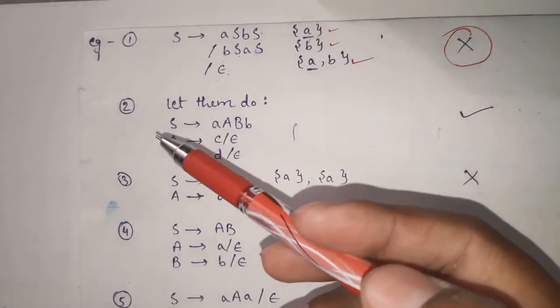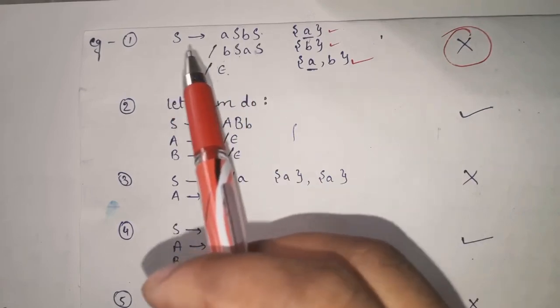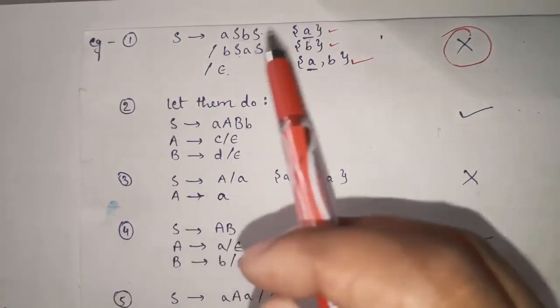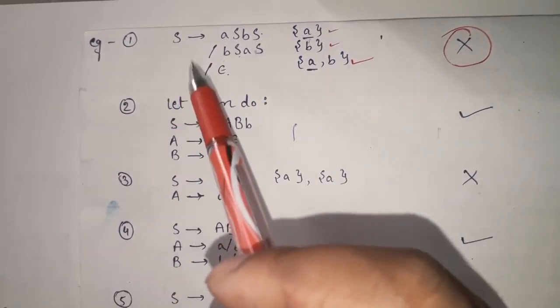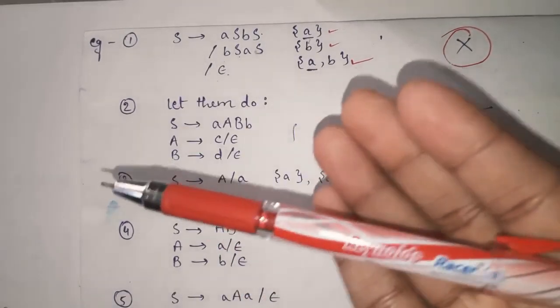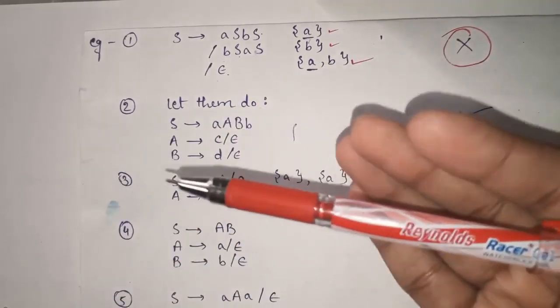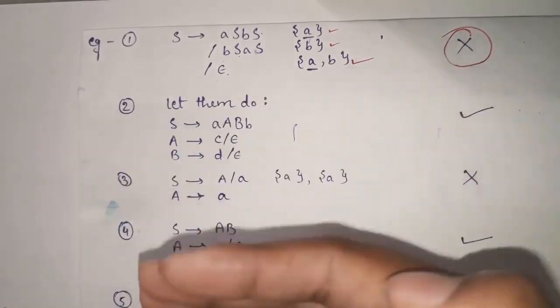Let's see the second. What we have done is we have not found the first and follow of all the variables, nor the table. Just do more practice and you will be doing these things easily: find out whatever is required and go to the conclusion.